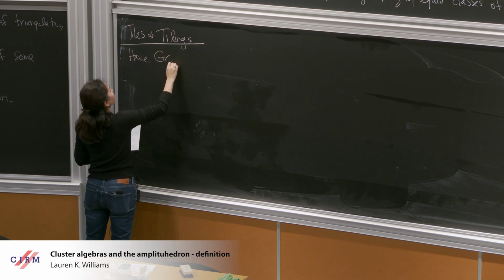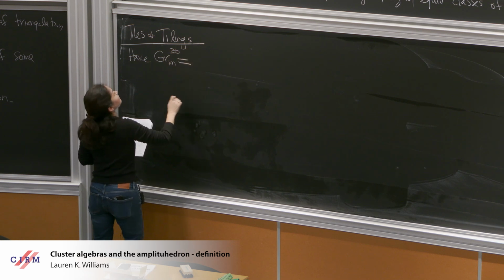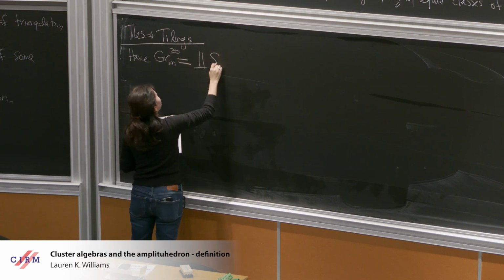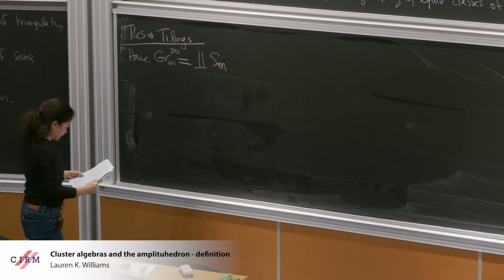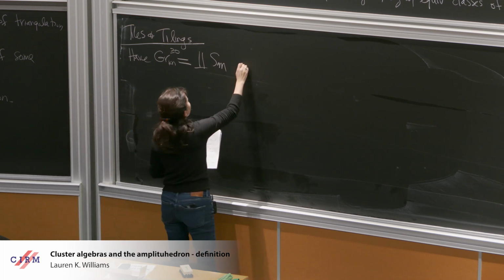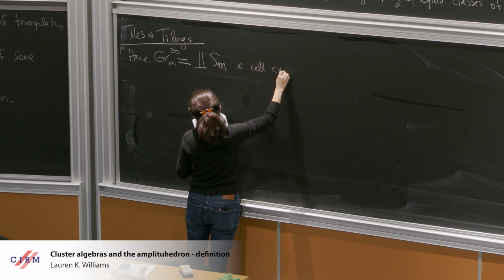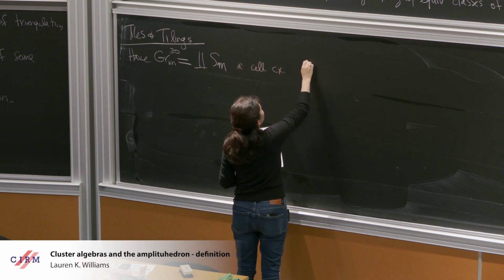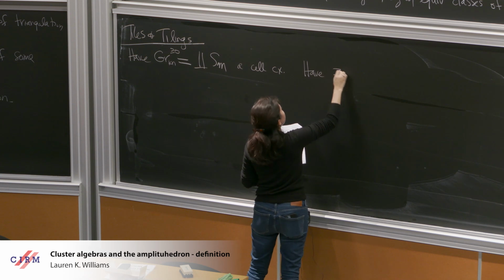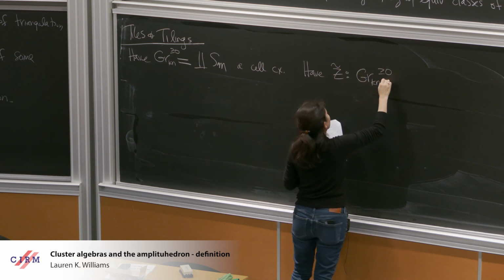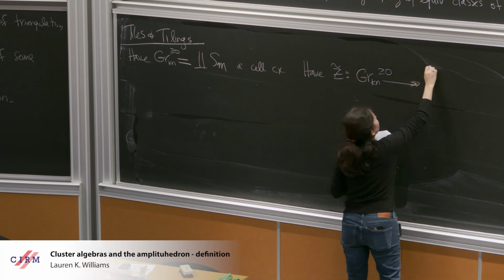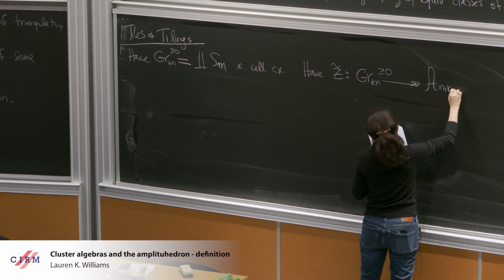So recall that we have this decomposition of the TNN Grassmannian into cells. And we also have this surjective map from the TNN Grassmannian onto the amplituhedron.